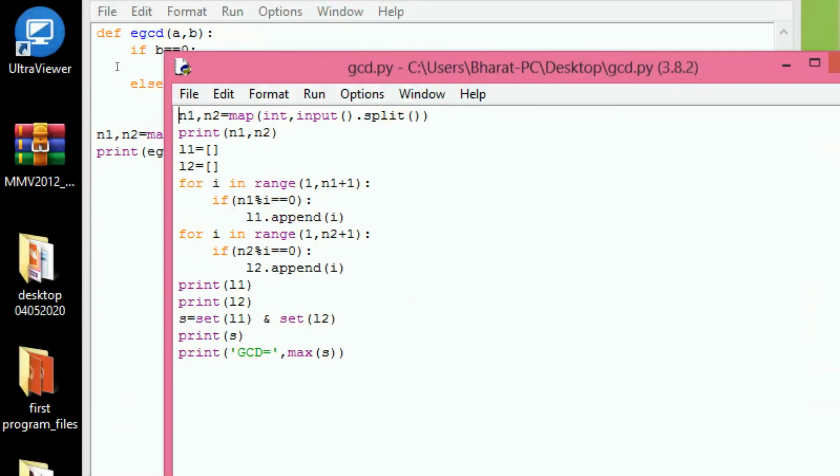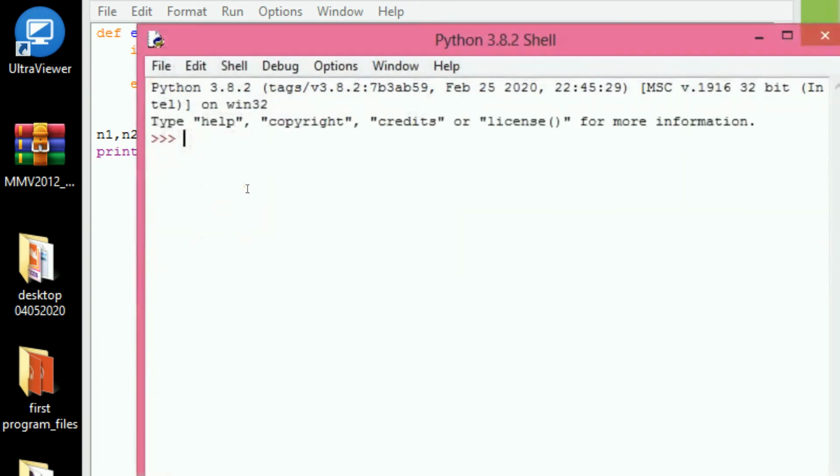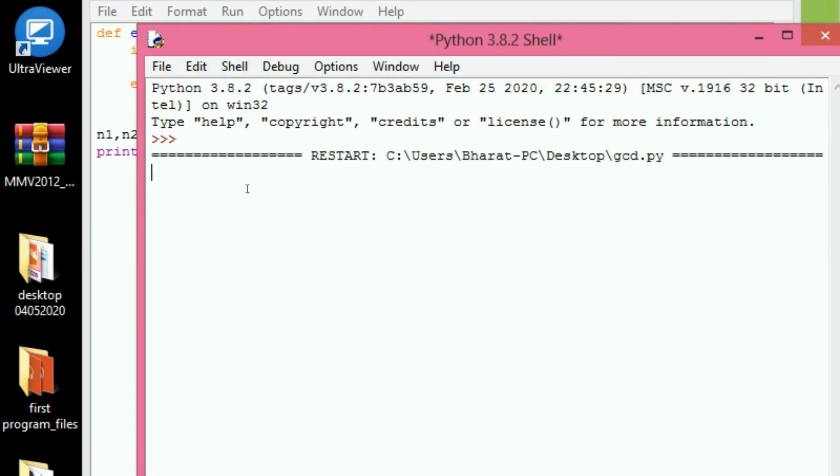Now we see the execution of the program. We discussed 3 programs in the theory class and we execute all three. Input 12, 14, so GCD equals 2. These are the divisors for number 12, these for number 14, these are the common values, and this is the max value, 2.